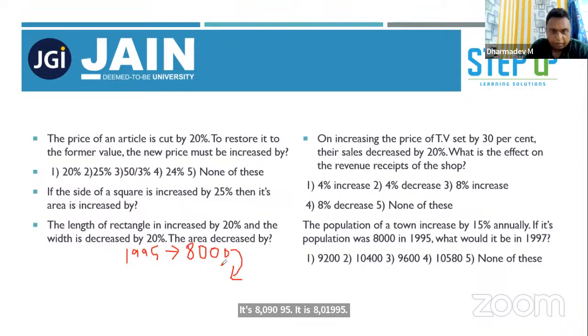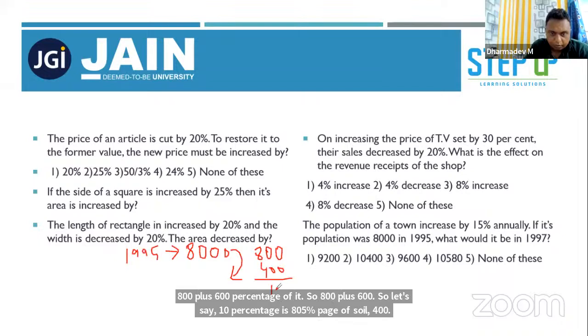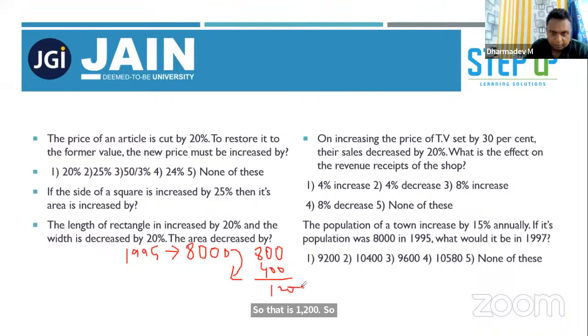So let's say 10% is 800 and 5%, oh sorry, 400. So that is 1,200. So adding with that, 10% and 5%, 1,200 added. So I get 9,200. I missed my calculation.